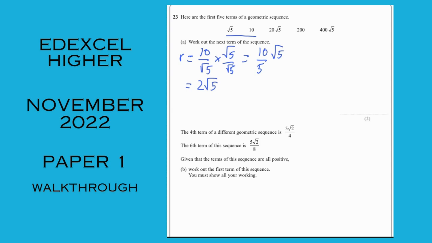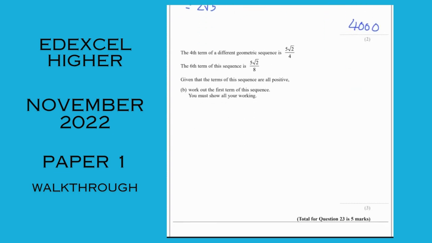So we need to take the fifth term and times by 2 root 5. 400 times 2 is 800. Root 5 times root 5 is 5. These are all multiplied. Answer is 4,000. Plenty of work to do for 2 marks there.